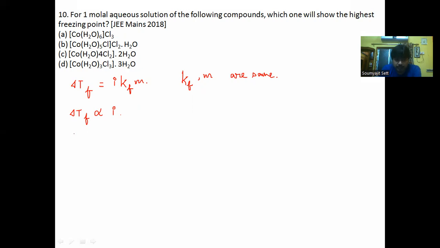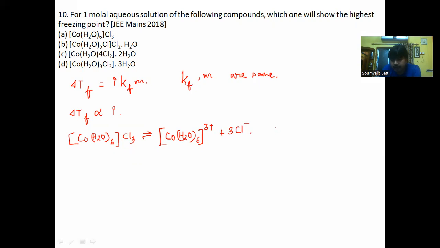So among them, let's see their dissociation. Co(H2O)6Cl3. From there we will get Co(H2O)6 3+ and 3Cl−.